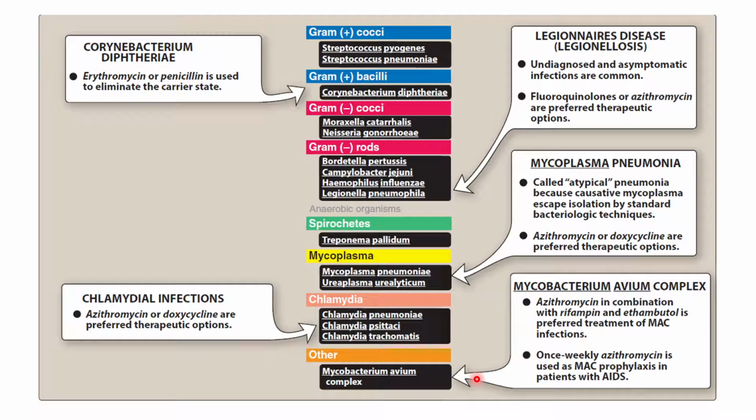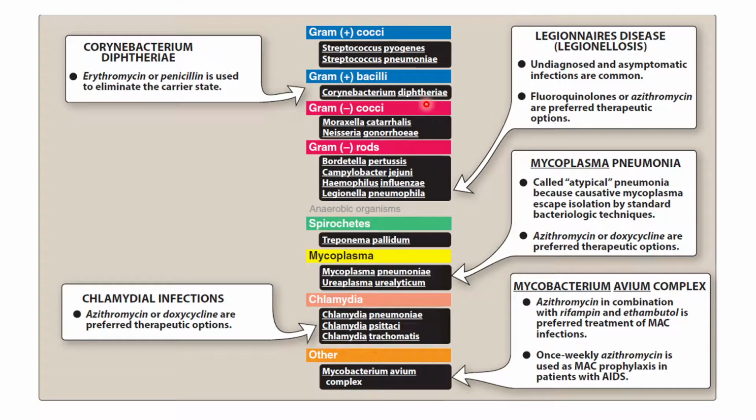Then the next group is azithromycin and erythromycin. These are the most broad spectrum antibiotics. They cover the gram-positive Streptococcus pneumoniae and also Streptococcus pyogenes that leads to fever diseases.